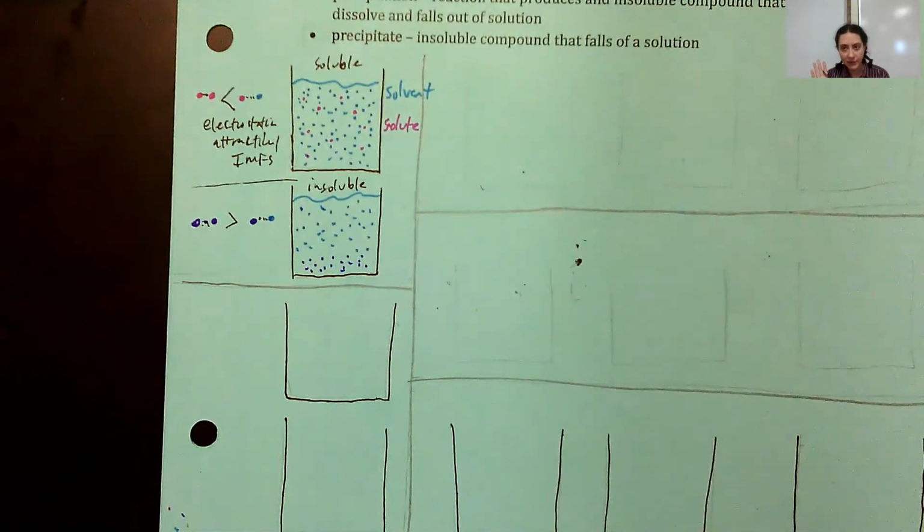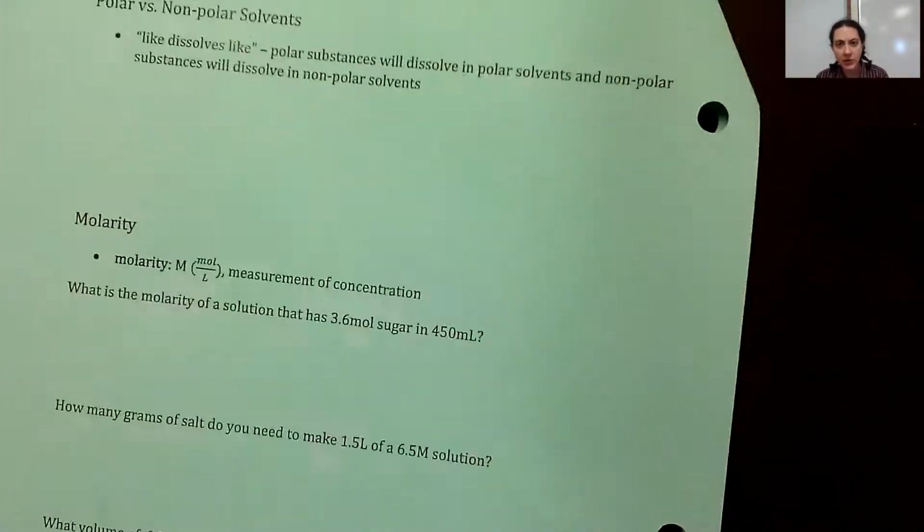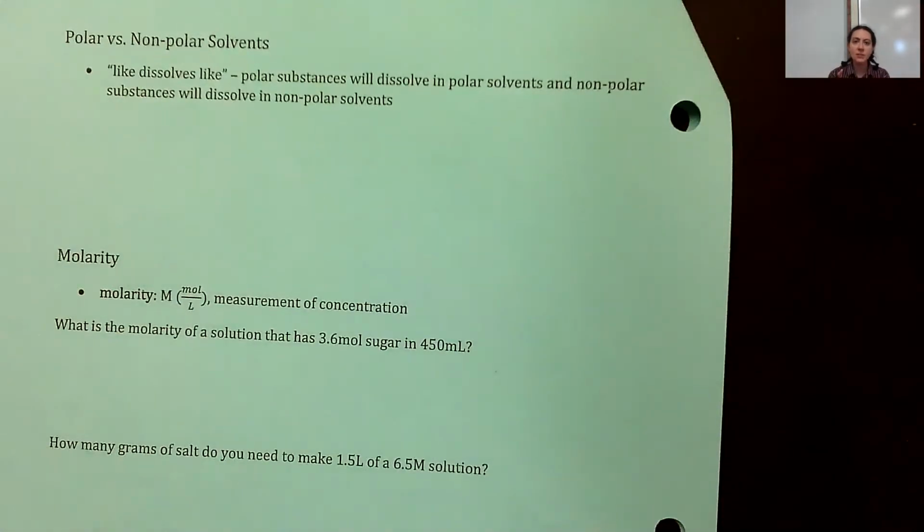This also accounts for polar versus non-polar solvents. This happens in the notes on the next page. We might go into this in more detail later, but there's a general rule here that polar substances will dissolve other polar substances, and non-polar substances will dissolve in non-polar solvents. It's like the wax, paint, oil thing versus water and salt and things that dissolve in water.